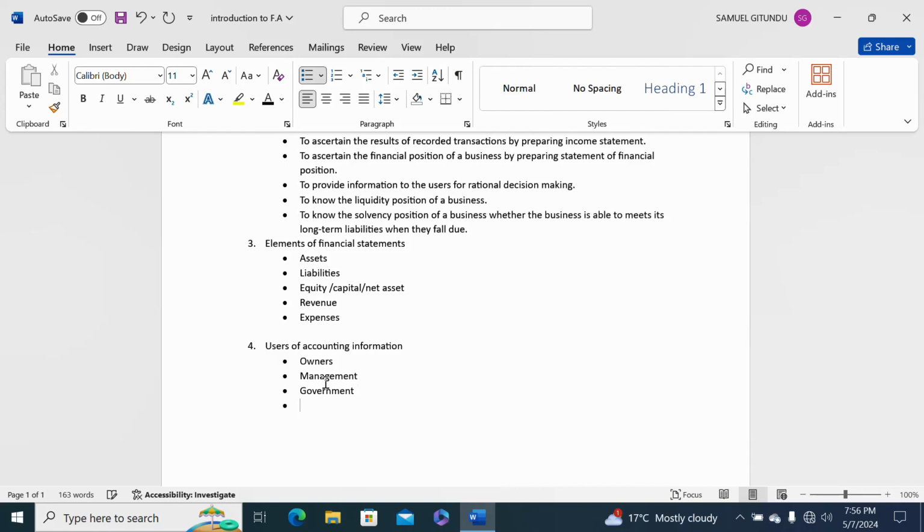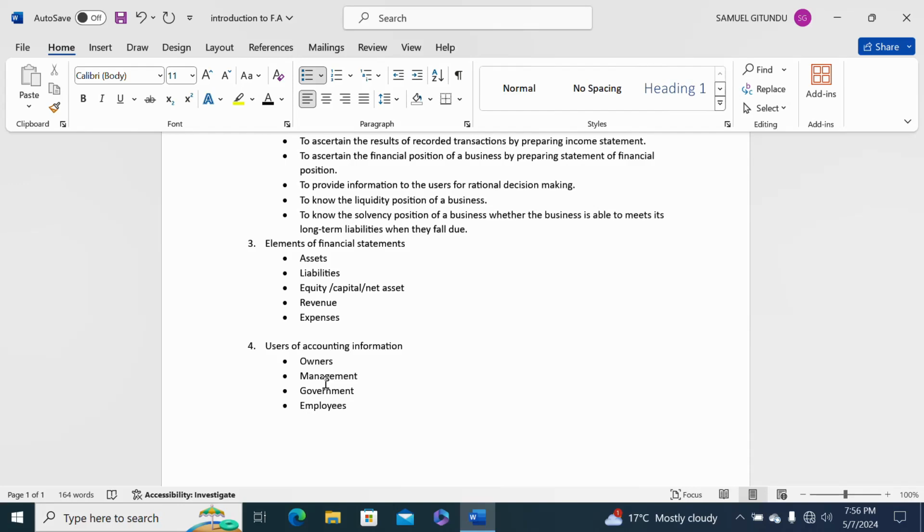And the fourth user of financial information are employees. The employees need financial information to basically understand how they are doing their work. For example, an accountant needs financial information in doing his or her work, and an accountant is an employee of a business.